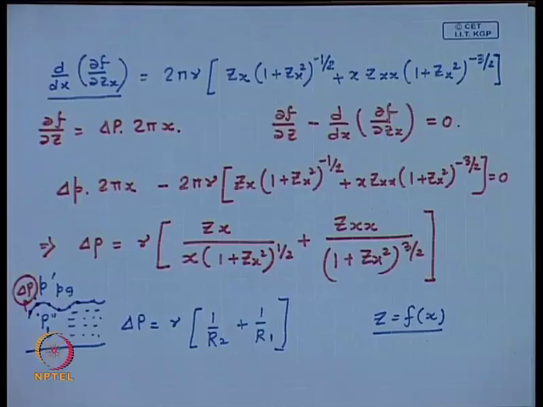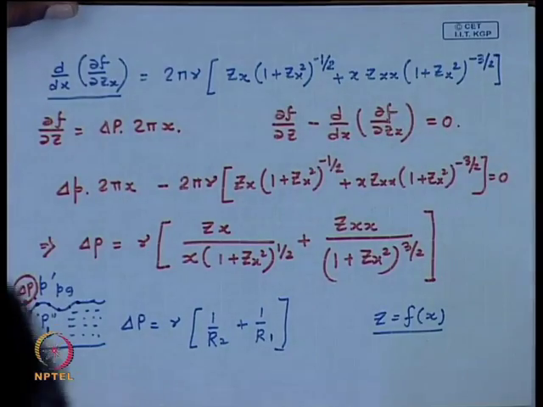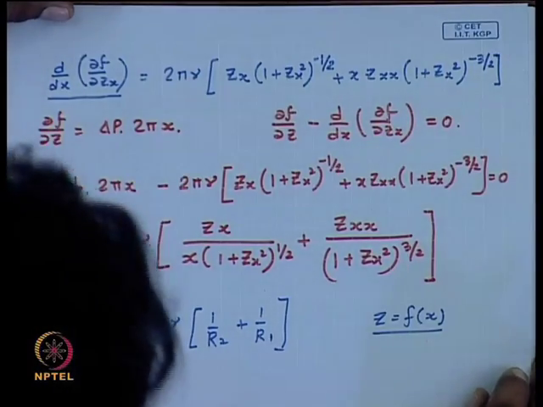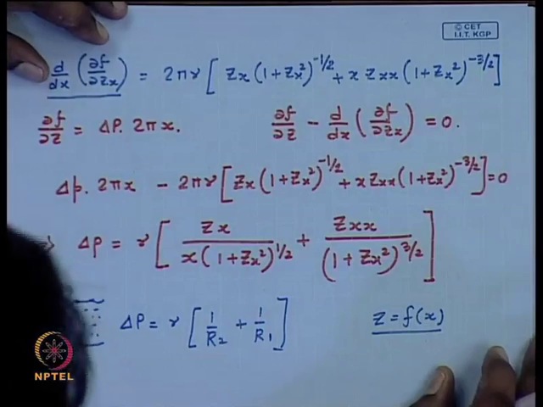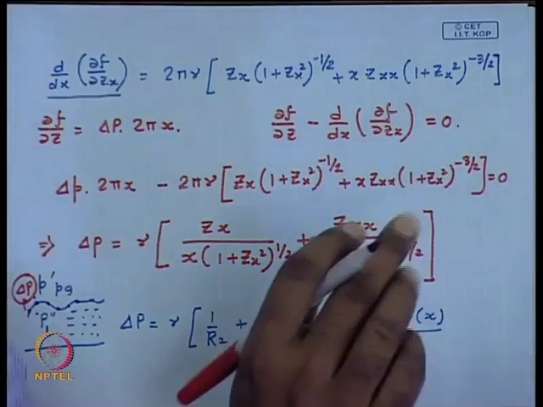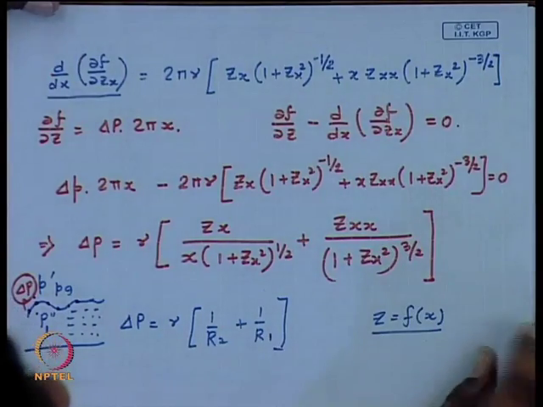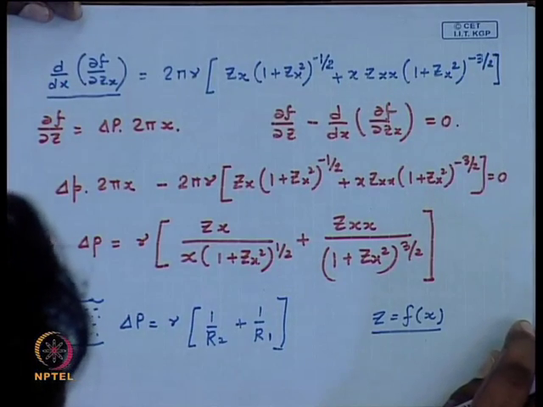Okay. Now, we will go into some critical discussion on the individual terms and how it shapes up with some classical examples of this Young-Laplace equation for an axisymmetric surface.